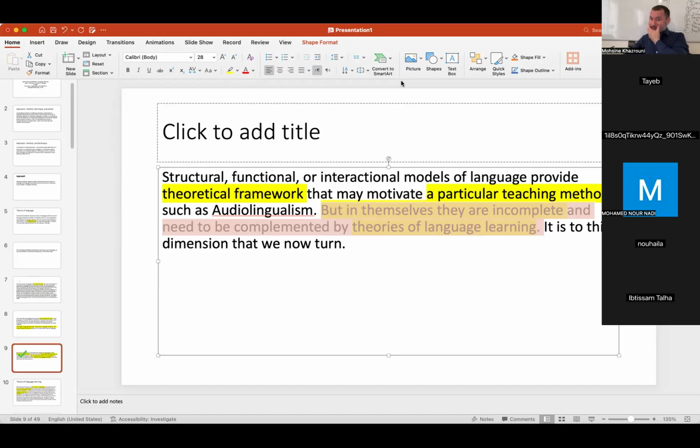They do not explain how learning happens. That's why we need learning theories, such as behaviorism and mentalism. Good. Exactly. Well done. So it's not enough to have a language theory or linguistic theory. You also need a learning theory. Exactly, you need to have them both.